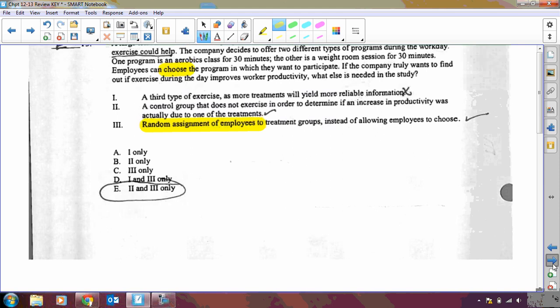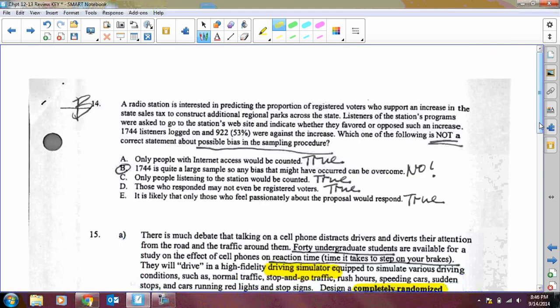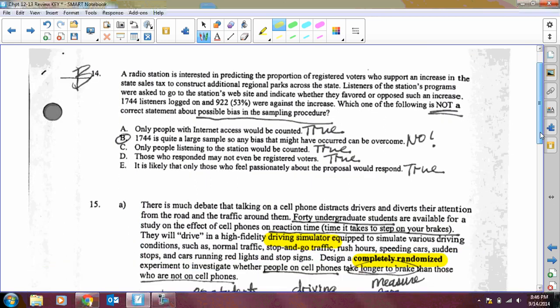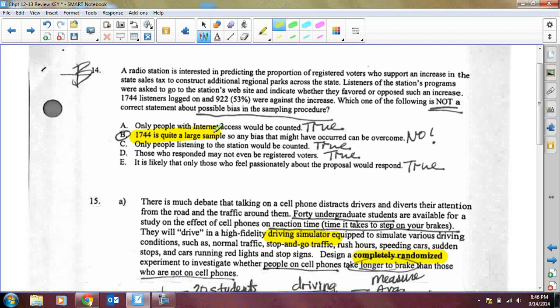And 14, okay. This one was about saying that just because you have a large sample does not mean that it can overcome the bias. We've had many examples, including starting from day one with the bear hunt lab, that if you get a bigger sample, the bias is not necessarily going to go away.